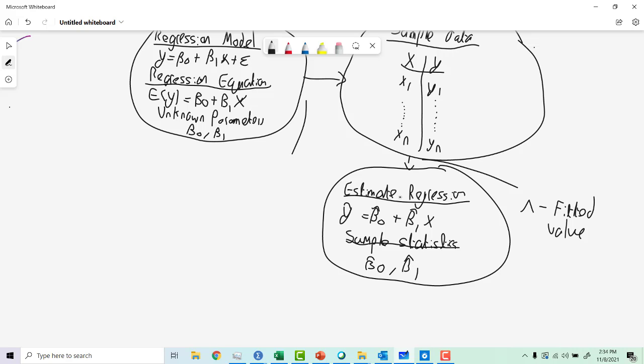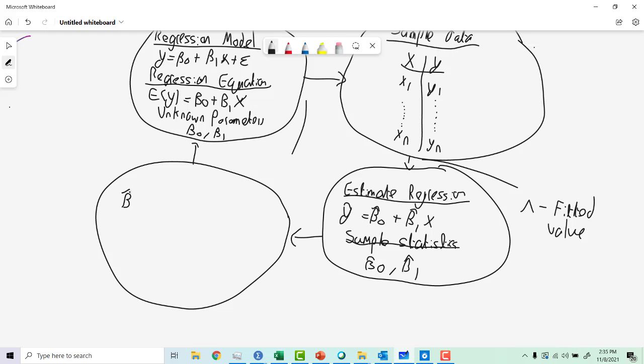This looks a lot like when we did the t-tests and the z-tests. Rather than a mu and an x bar, we've got beta 0 and beta 1, the unknown population parameters, and beta hat 0 and beta hat 1, which we calculate from the data. And so let's go to the final stage, where we create a circle.